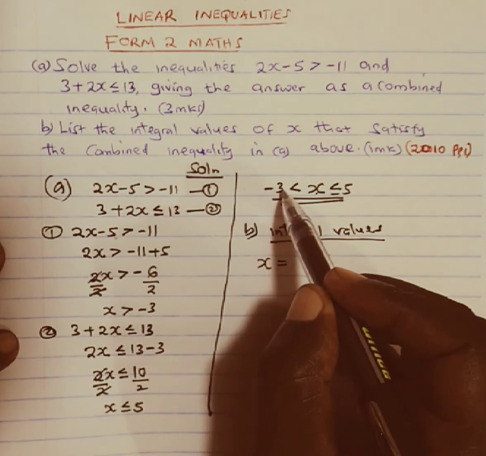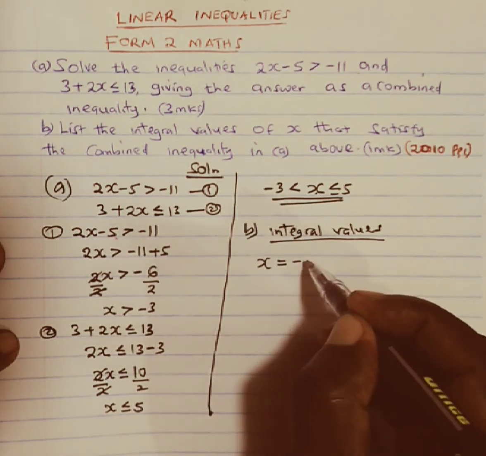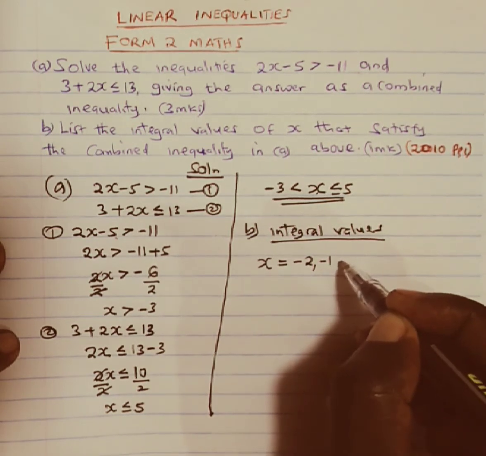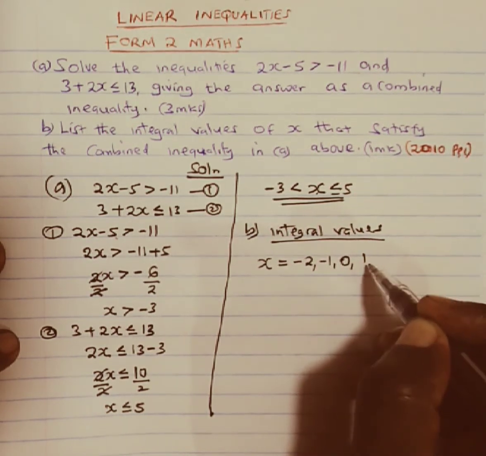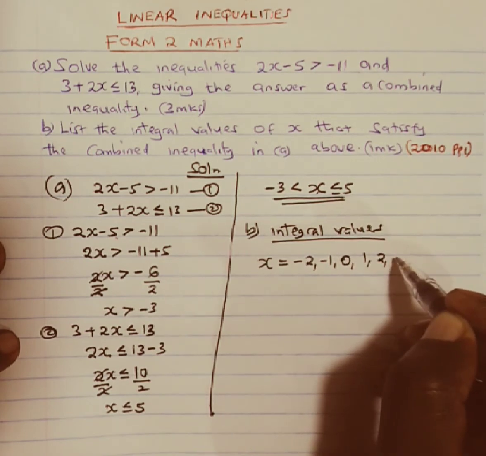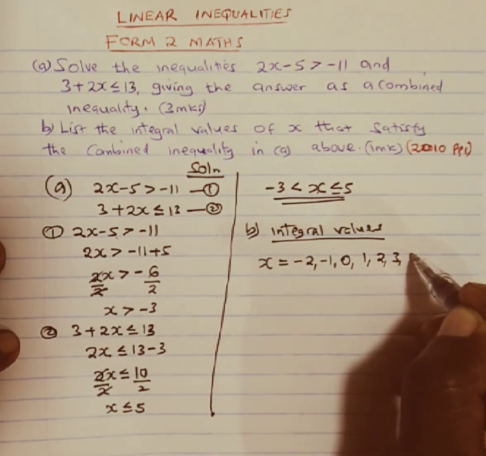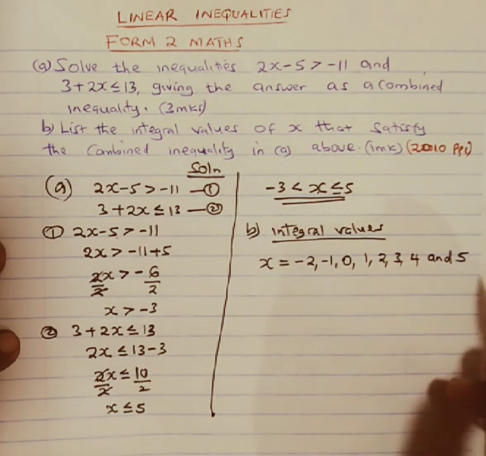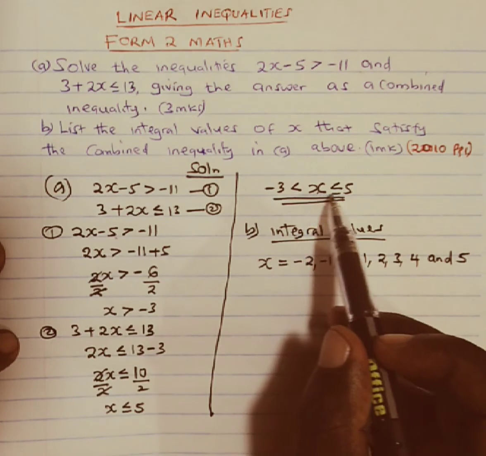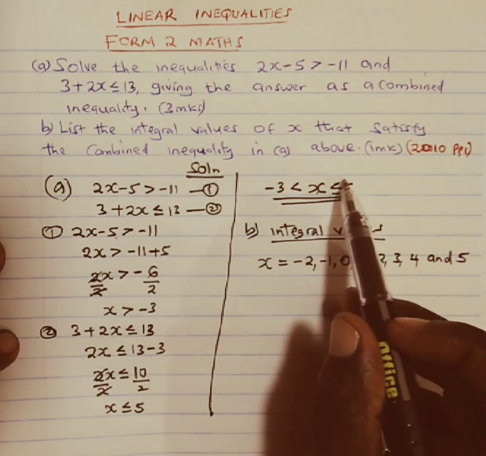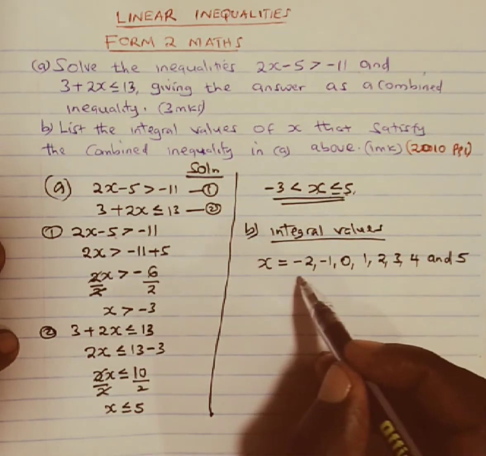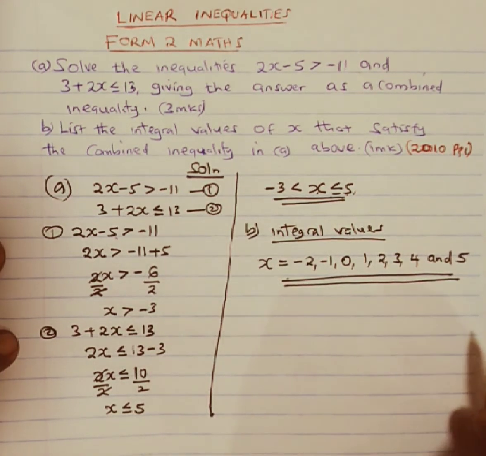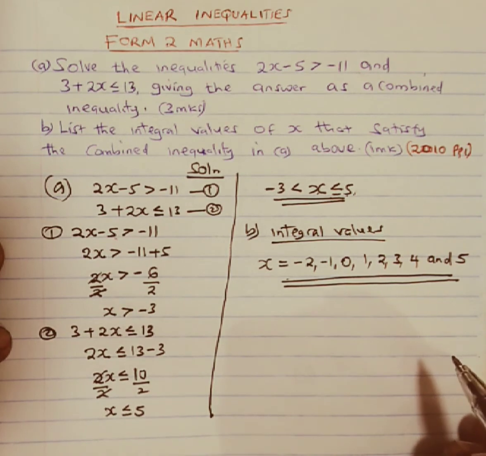That means negative 3 is out, and therefore we need negative 2. Then negative 1, 0, we have 1, we have 2, we have 3, we have 4, and lastly we are going to have 5. Since x is less than or equal to 5, it means 5 is included, and that now becomes the answer to part B of our question.